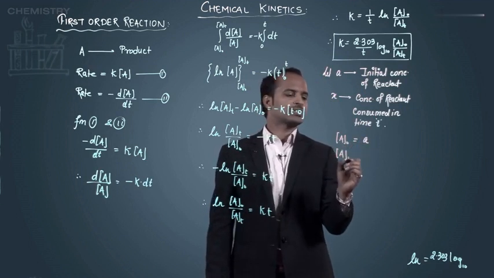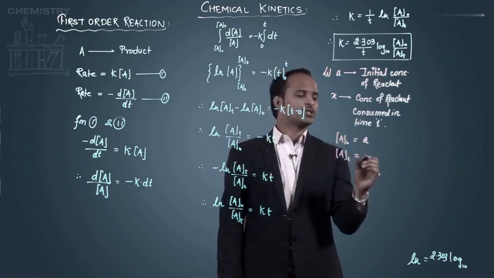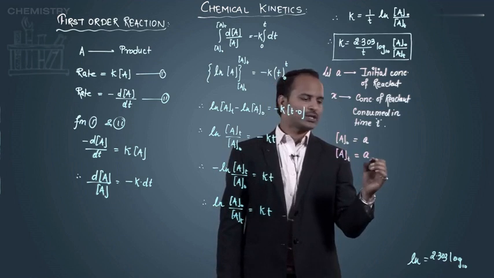What is AT in this case? AT is the concentration which is left after time t. So initially the amount taken was a, out of which X is consumed.